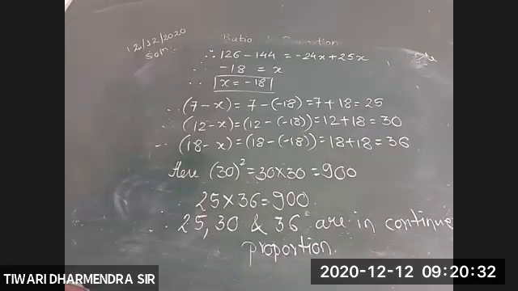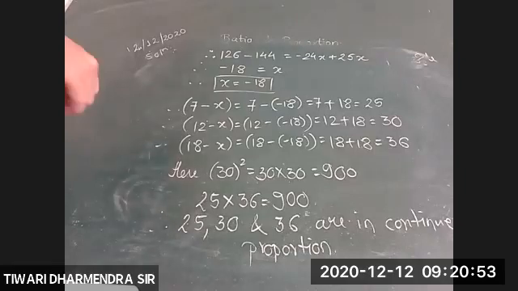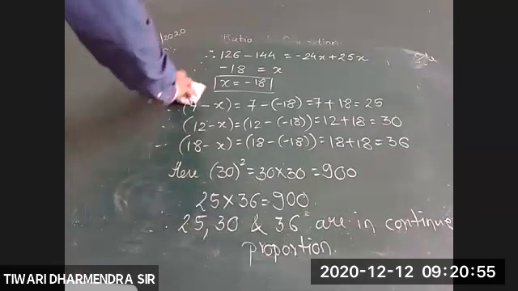This method is very easy, as each and every ratio is assumed to be equal to K, and at last when we solve the left hand side and right hand side, we'll prove it to be equal to K, and hence we are through.